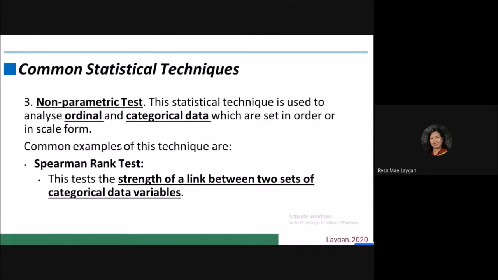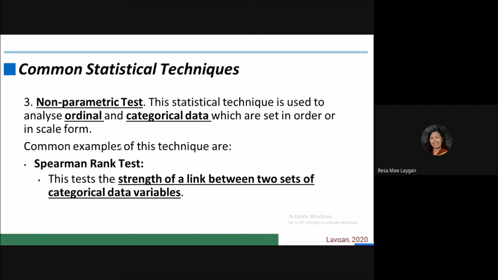This is applicable if your data are on a Likert scale and you want to examine the link between two variables whose data sets are in Likert scale or categorical data.